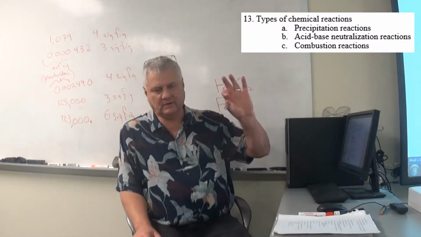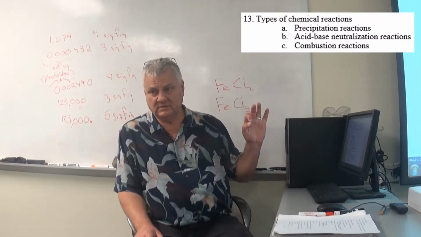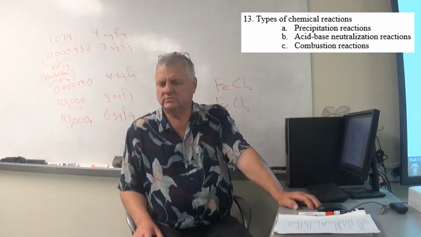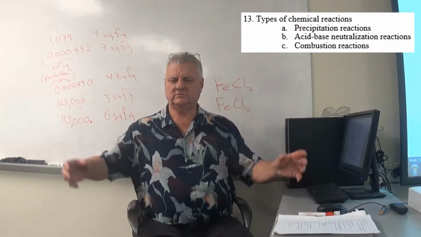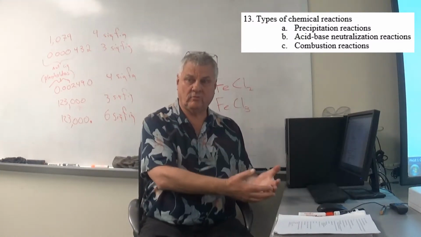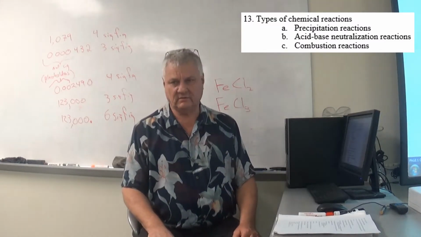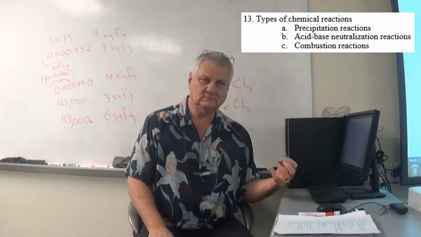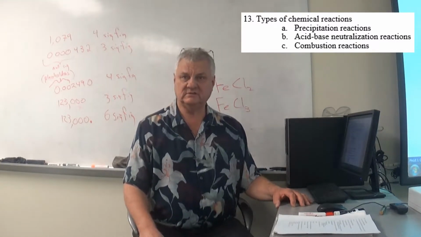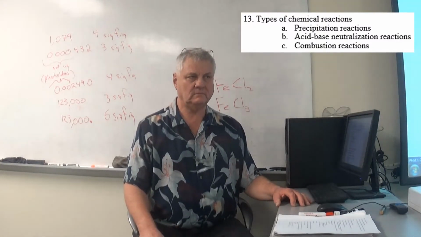But if you look at the left side of a chemical equation and everything is AQ, which means aqueous or dissolved in water, you mix two solutions, everything's dissolved in water, and then there's a product formed that doesn't dissolve in water and it's a solid or a precipitate, then you know you have a precipitation reaction. Okay?